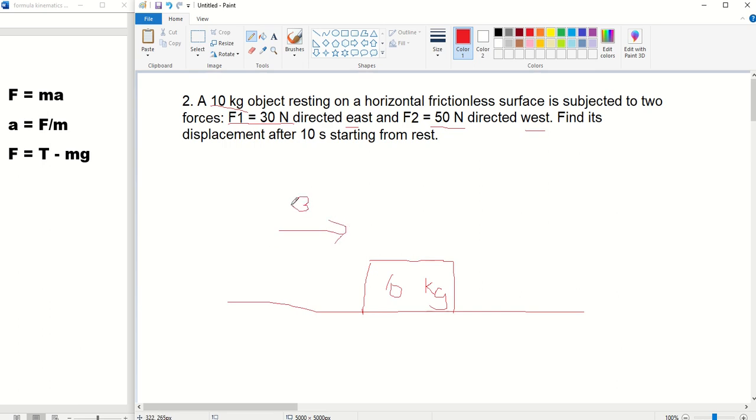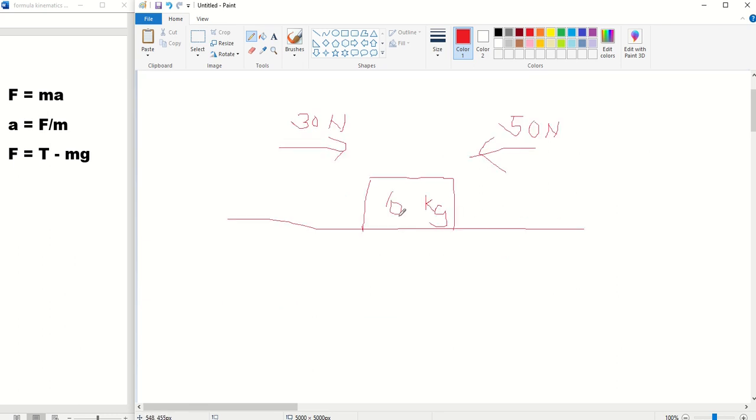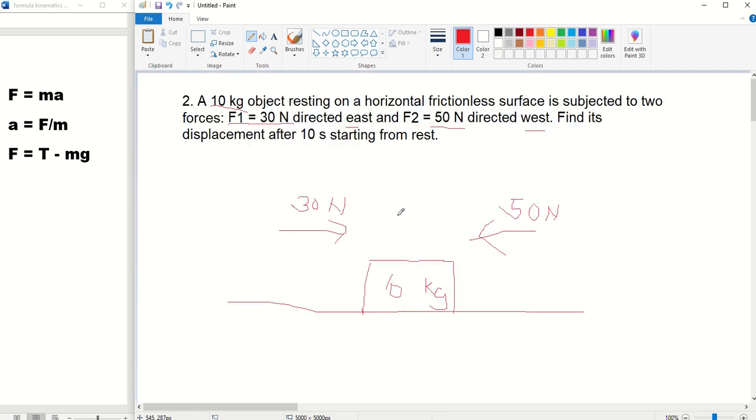And then, meron tayong force na directed to the west. So, 50 newtons naman dito. So, ngayon, ang question is, displacement niya after 10 seconds starting from rest.